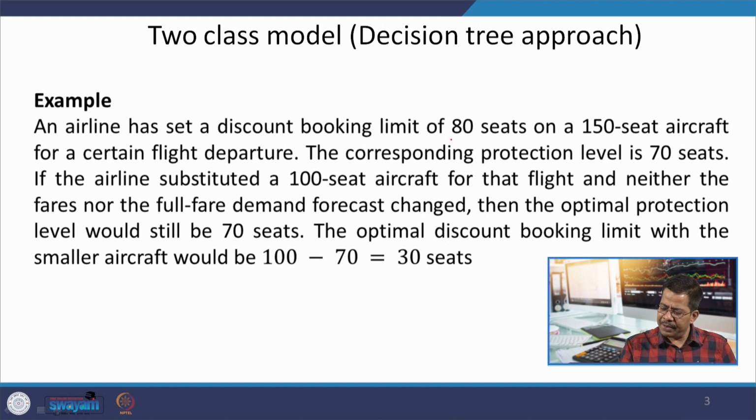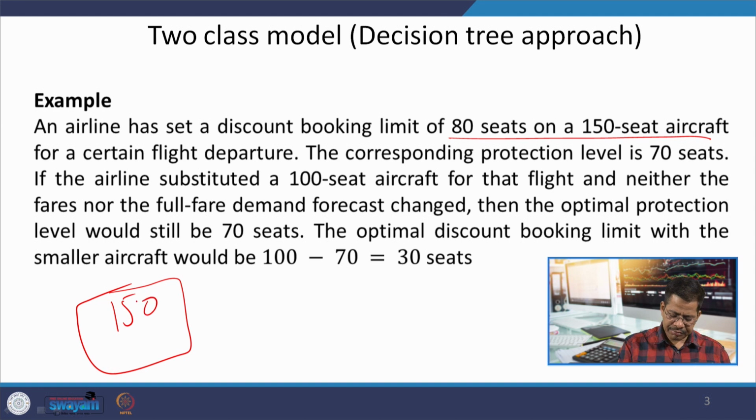Now, you have a situation where you have one airplane with a capacity of 150, and out of that 150 seats you have kept a booking limit of 80. So, C is 150, B is 80.